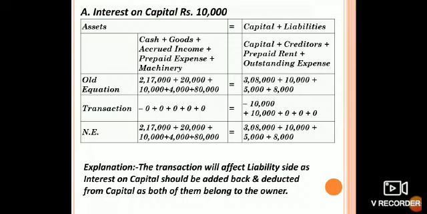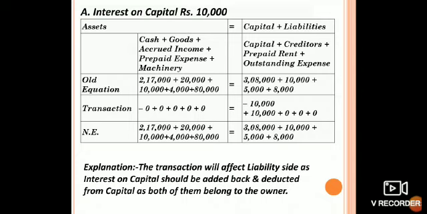Now the old equation is 2,17,000 plus 20,000 plus 10,000 plus 4,000 plus 80,000 under asset side, and under liability side it is 3,08,000 plus 10,000 plus 5,000 plus 8,000. So this interest on capital should be added to the capital, and also it should be reduced from the capital. So the new equation will be 2,17,000 plus 20,000 plus 10,000 plus 4,000 plus 80,000.